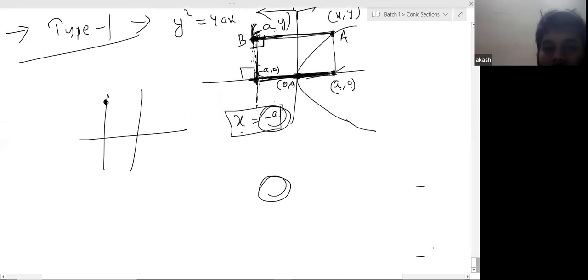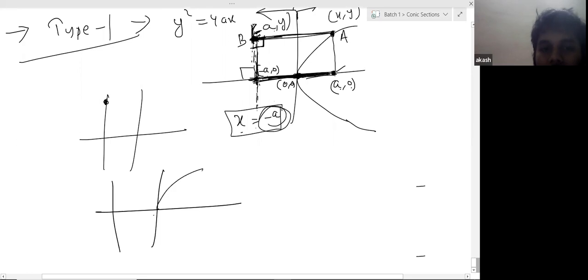So let's draw a clear diagram to find the equation. This is x comma y. This is a comma 0. This is minus a comma y. All right, let me name this.